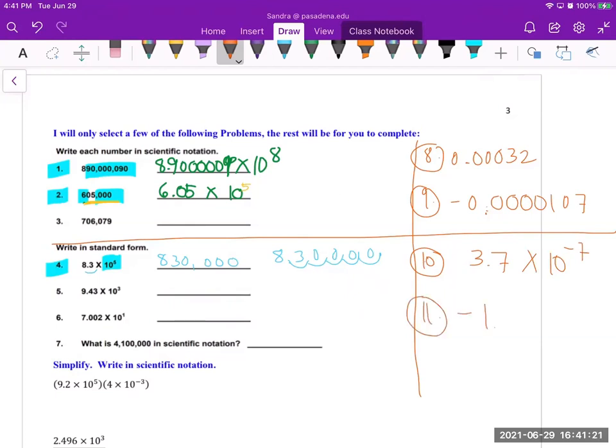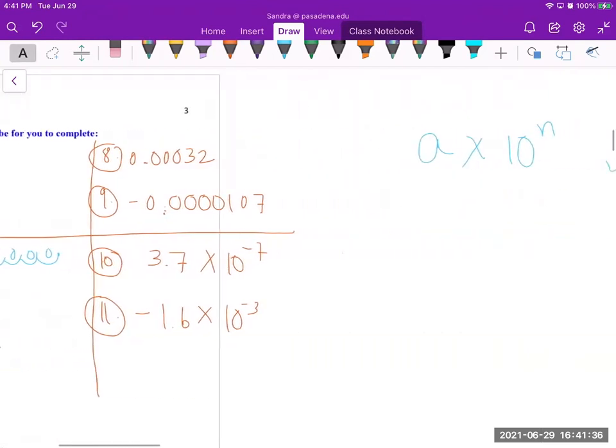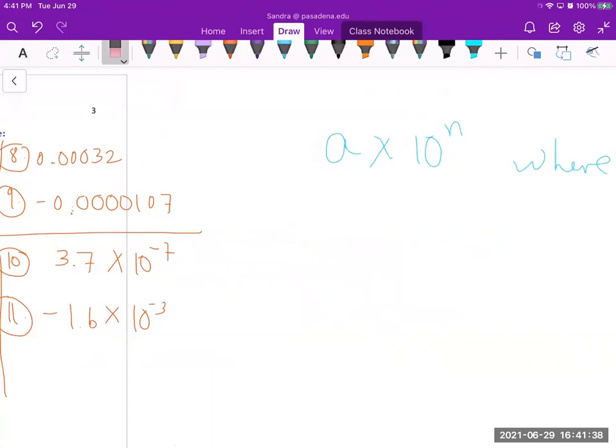We can do a negative 1.6 times 10 to the negative 3. Okay, so let me go ahead and do the first one, and then you will be responsible for the other one.